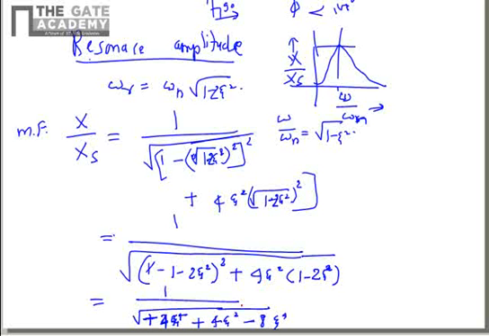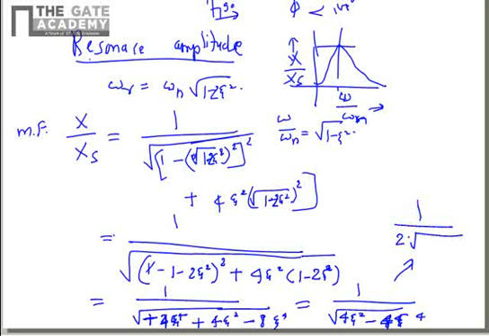So 4g square minus 8g to the power 4. This will be equal to 1 by square root of 4g square minus 4g to the power 4. This will be equal to 1 by 2g, taking g square outside, 1 minus g square.